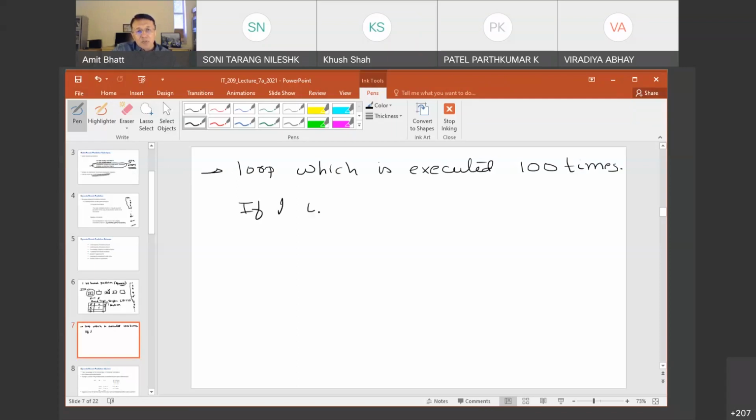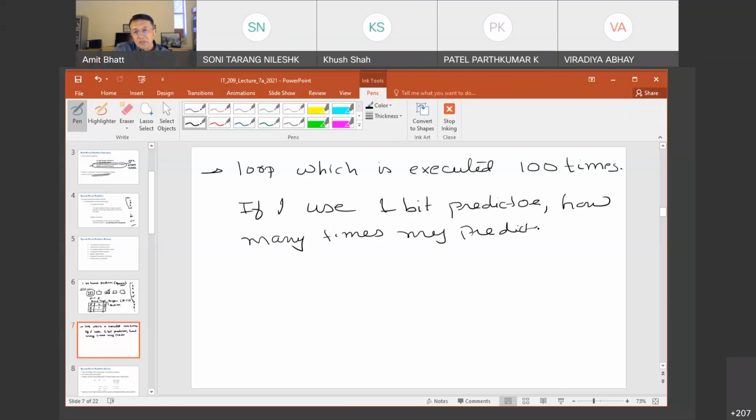If I use a 1-bit predictor, how many times would my predictor give the correct answer?